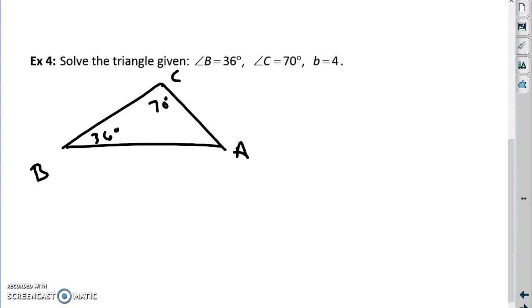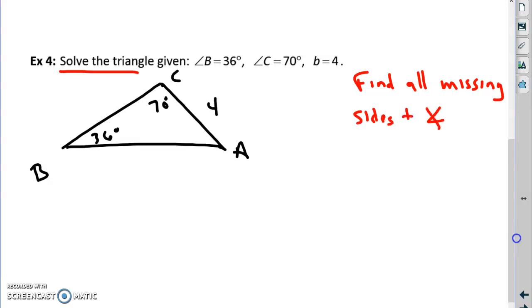And side B across from angle B is 4. If we want to solve this triangle, what does that mean? The answer is find all missing sides and angles. If we wanted to after that, we could then find the area.